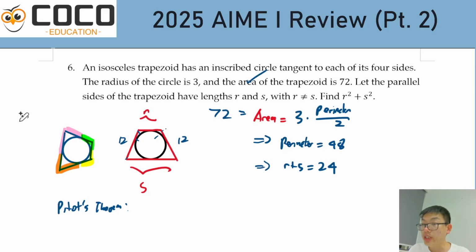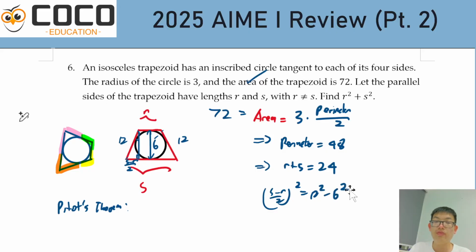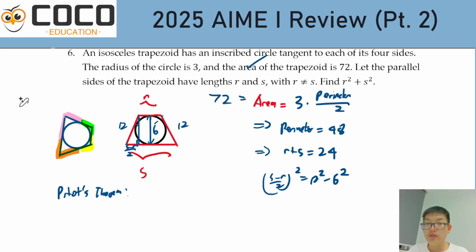But I can form one more equation because I know that this has length 6. So if I use Pythagoras on a triangle here, this would be (S minus R) over 2, which I can do a bit of computations to get (S minus R) squared is 432. That is enough.